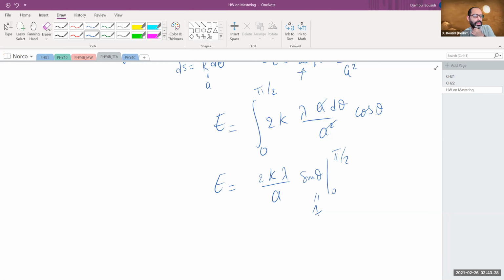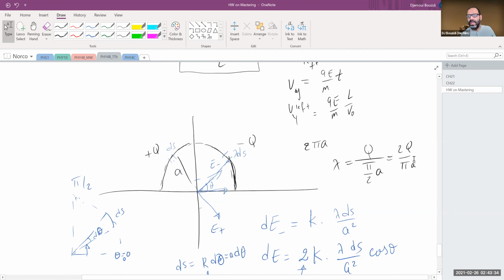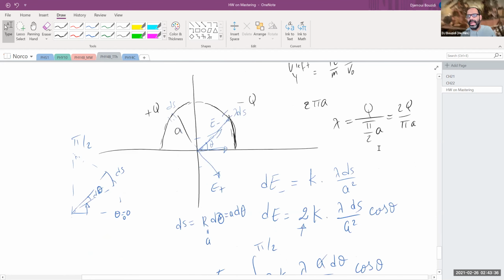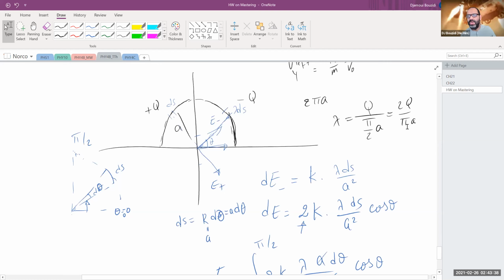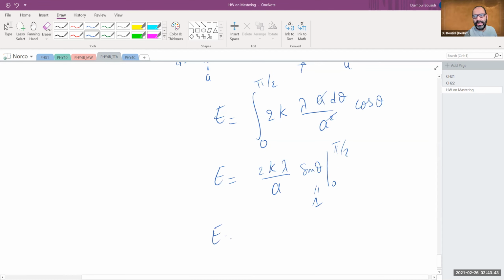Correct? The only thing I'm left with to do is replace the value, because they didn't give us lambda, so we have to use the value for this lambda in terms of Q and a. It's 2Q over pi a, and we're in business. So E is equal to 2k times 2Q over pi a, and the whole thing is divided by a.